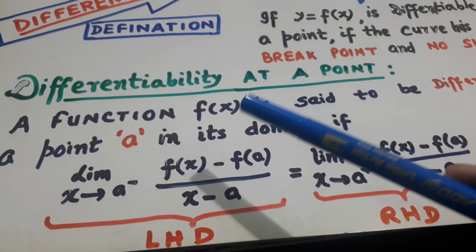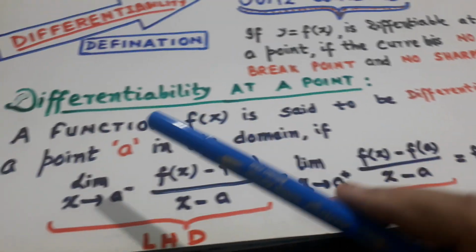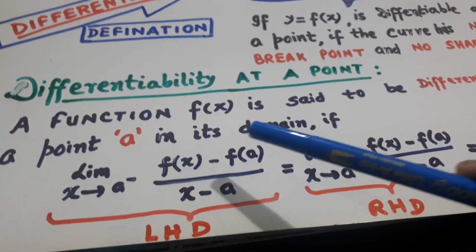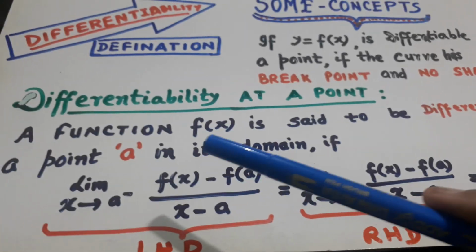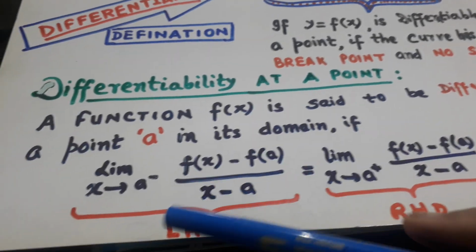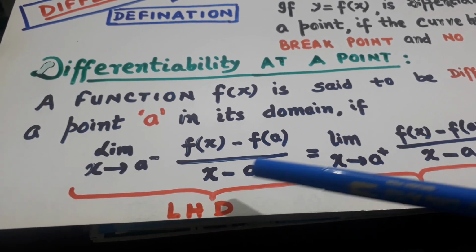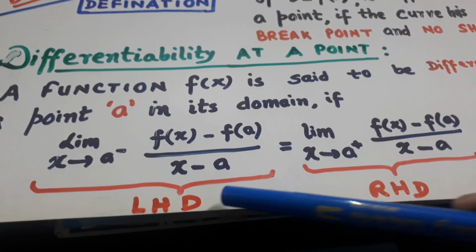Differentiability at a point. We have already discussed that a function f(x) is said to be differentiable at a point a in its domain. The point must be inside the domain. The domain will always be defined. So limit x goes to a minus of f(x) minus f(a) over x minus a is the left hand derivative.